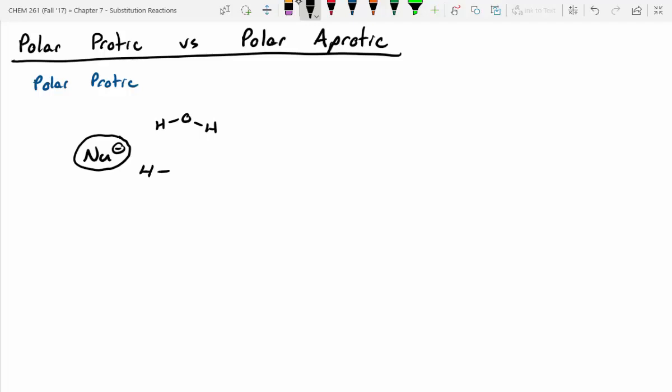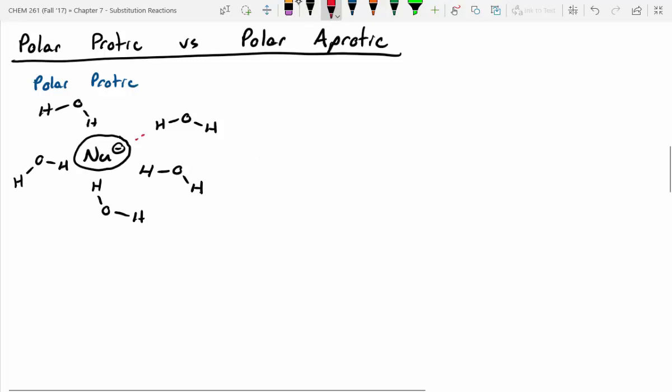So I'm going to use a common polar protic solvent, which is just water. And it makes sense because in this case you can hydrogen bond to your nucleophile, right? So let's make some notes. A nucleophile can H bond to the solvent.